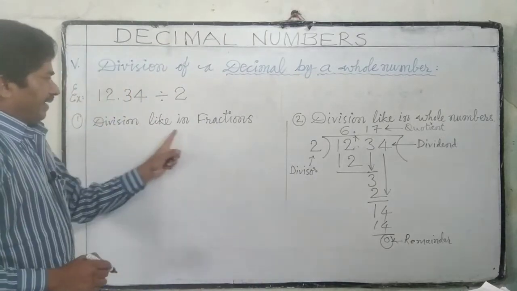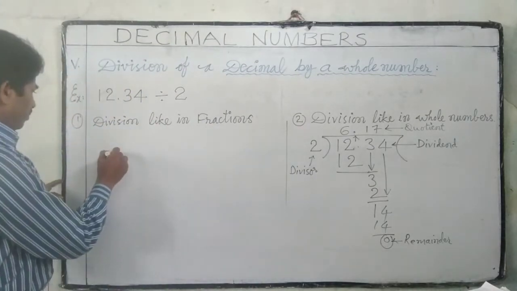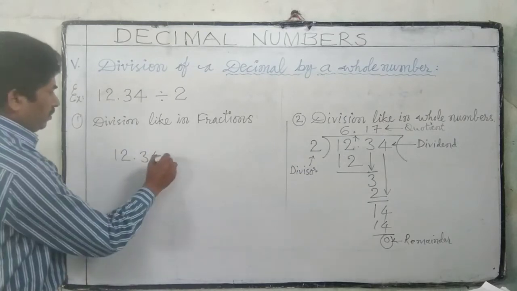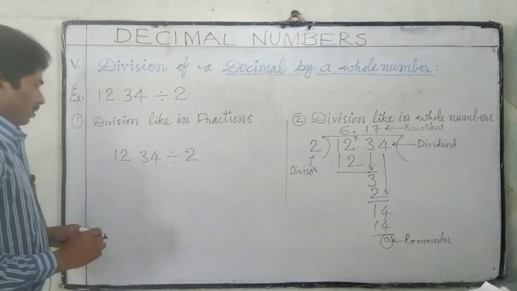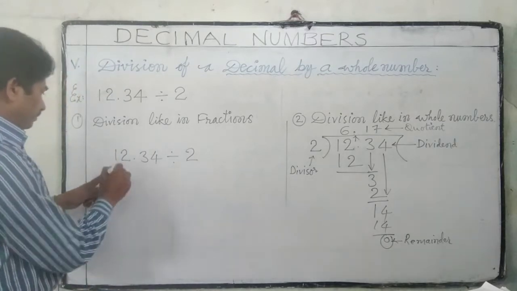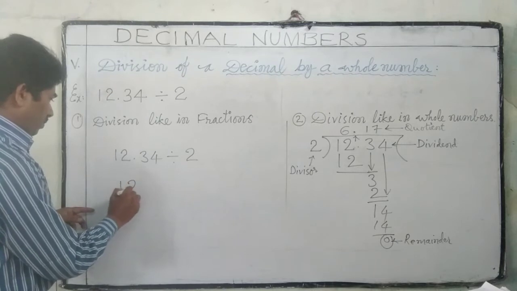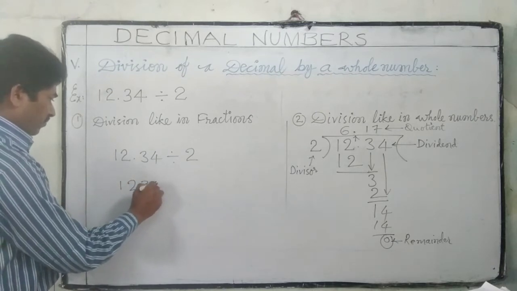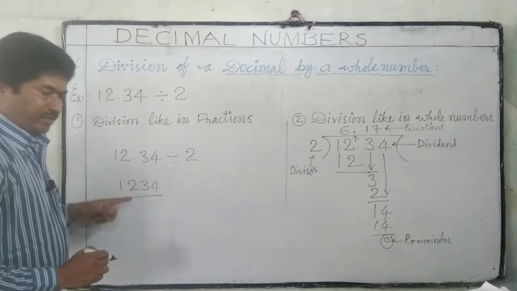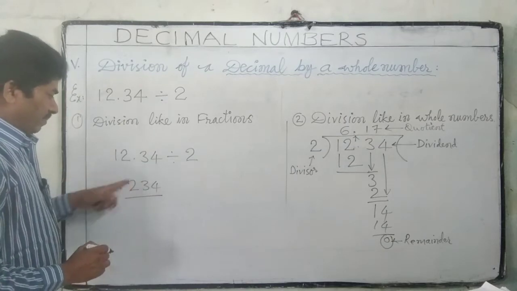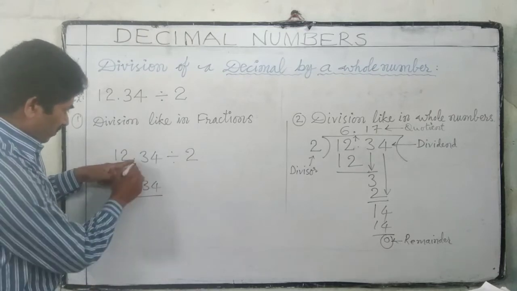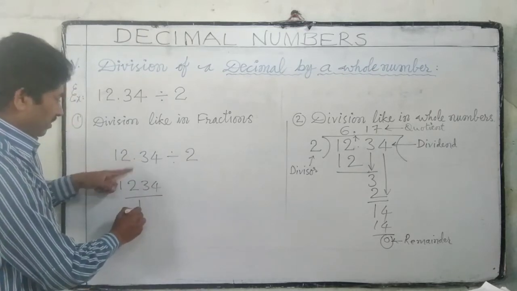Next, division like in fractions. First, we have to make it a fraction. 1234. To write a decimal as a fraction, we write this number as the numerator and write 1 for the denominator.